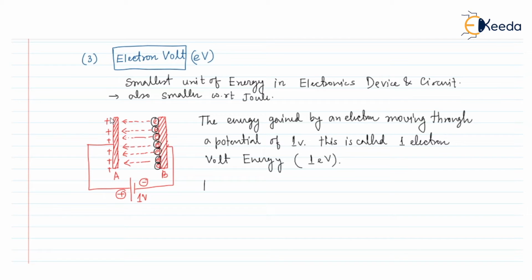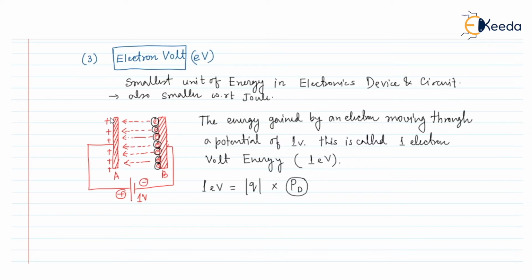So this 1 electron volt energy, from the definition, can be written as the electronic charge Q into the applied potential difference.